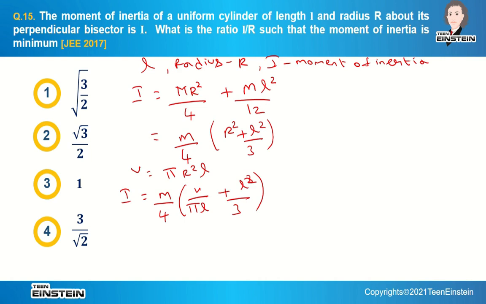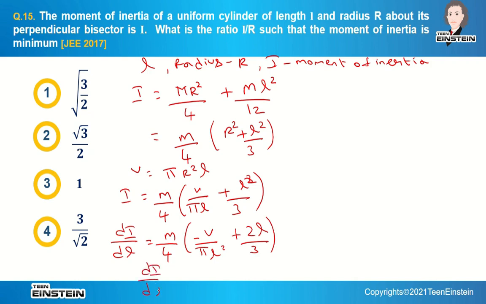Now you are going to differentiate dI with respect to L. So dI/dL is equal to m by 4 times (−V/πL² + 2L/3). It's a normal differentiation technique. For maxima and minima, for minima you need dI/dL equal to 0.